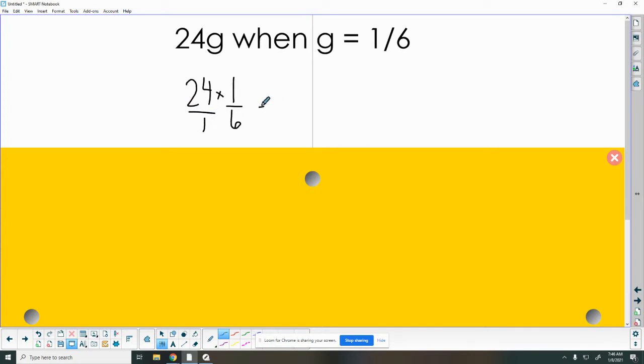If you remember, we can cross simplify here. 6 goes into 6 one time, and 6 goes into 24 4 times. So now 4 times 1 is 4, and 1 times 1 is 1. Go ahead and see if you can finish that problem. That problem ends up being 4. When I have 1/6 of 24, the answer is 4.